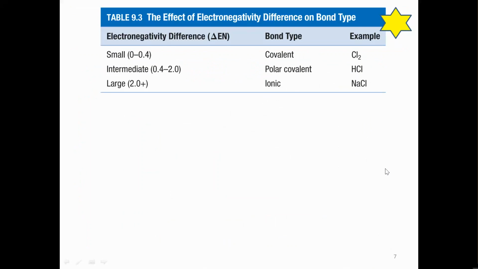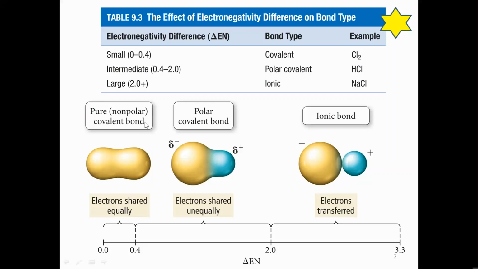So let's take a look at a different way to present the information in table 9.3. So we have a pure covalent bond. The electronegativity difference is between 0 to 0.4, where electrons are shared equally. And on the other end of the spectrum, we have an electronegativity difference beyond 2.